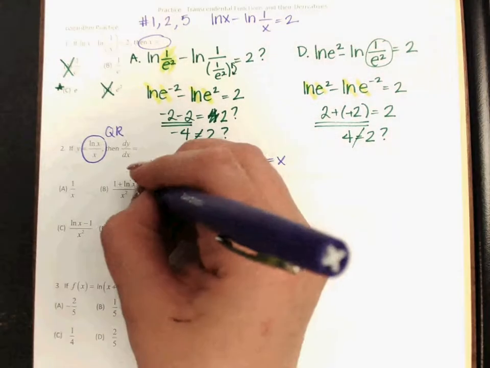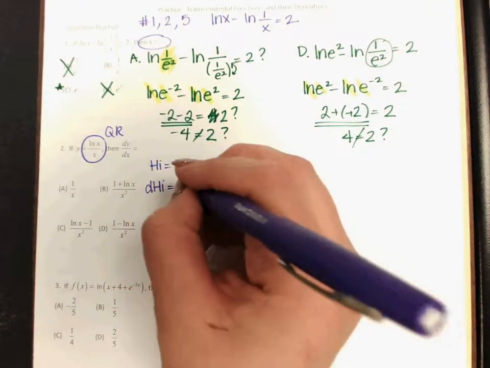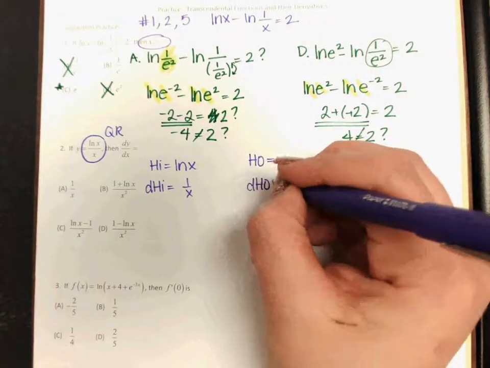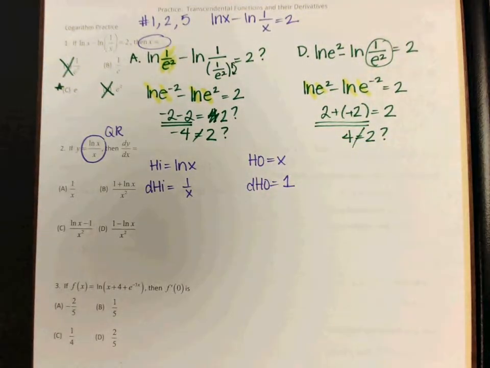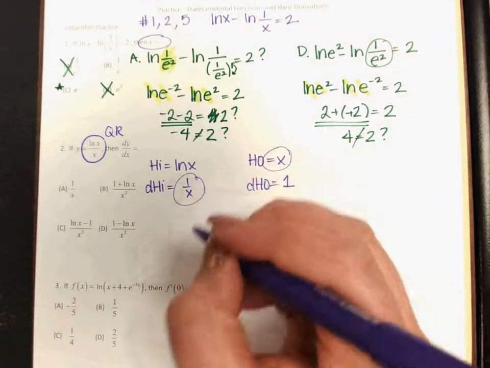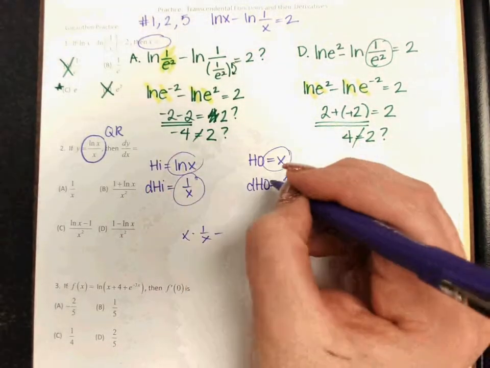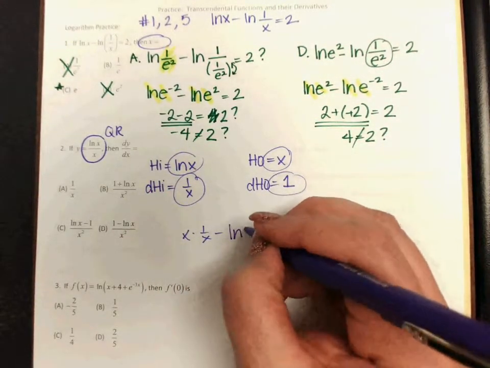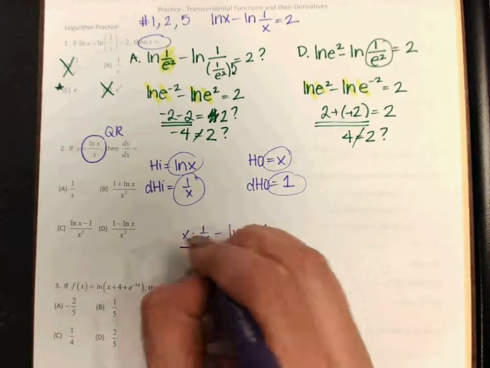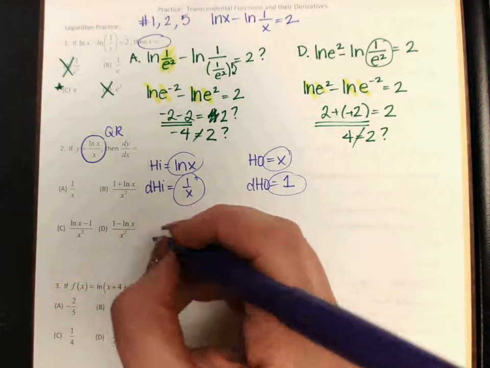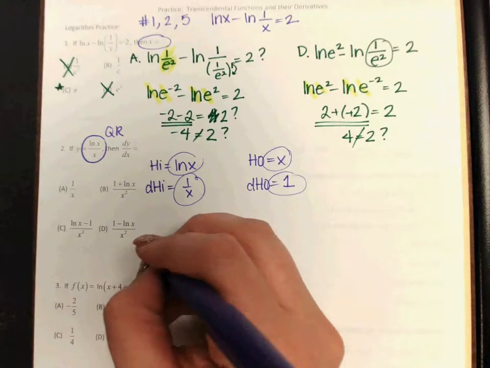And that means that my d high, the derivative of the top, is 1 over x, and then the derivative of x by itself is a 1. Then from there, remember, your quotient rule is ho d high minus high d ho, which would be ln x times 1, and then over ho squared, which would be x squared. That would be dy dx.